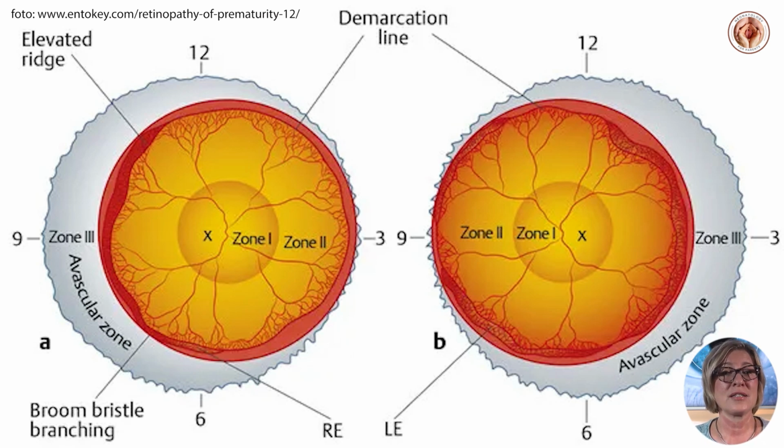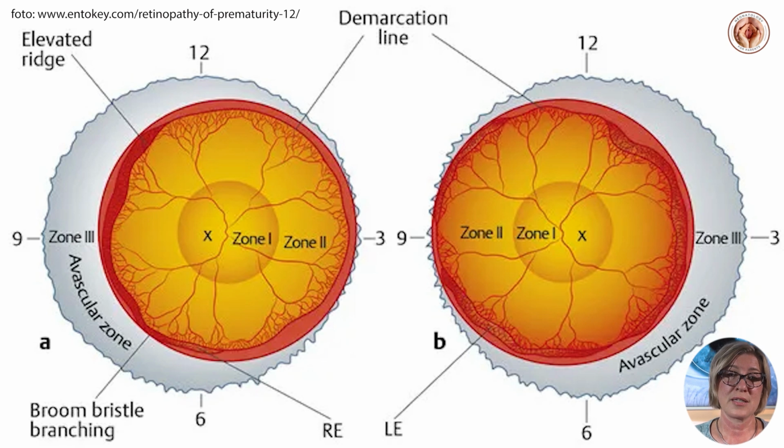This zone includes the optic nerve and extends to a radius of twice the distance from the optic nerve to something that is called the macula. It is the innermost zone and is roughly circular. ROP in this zone is considered more severe because it affects the central vision area around the optic nerve.